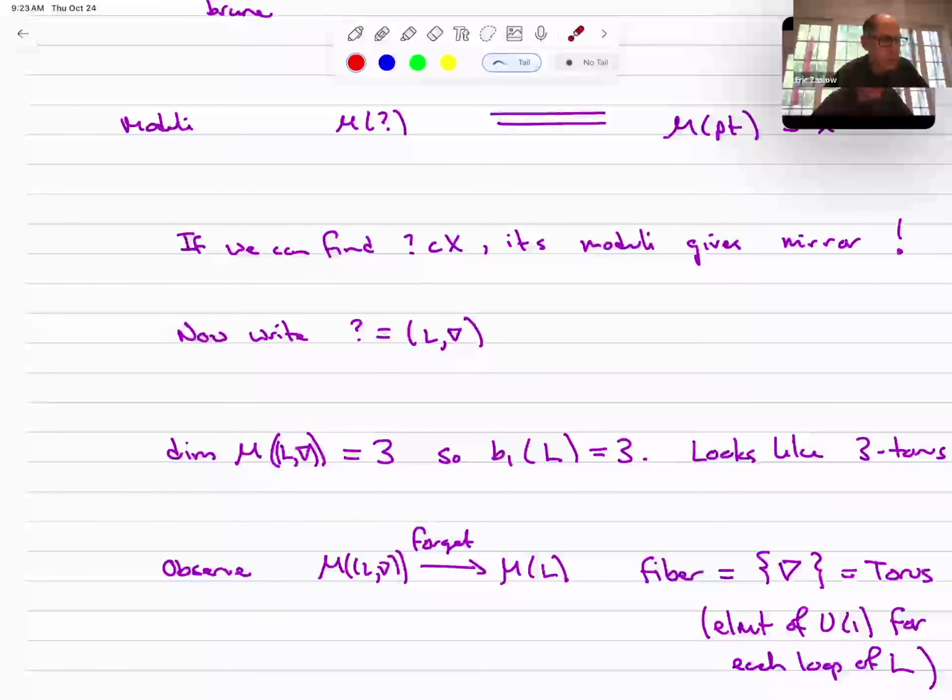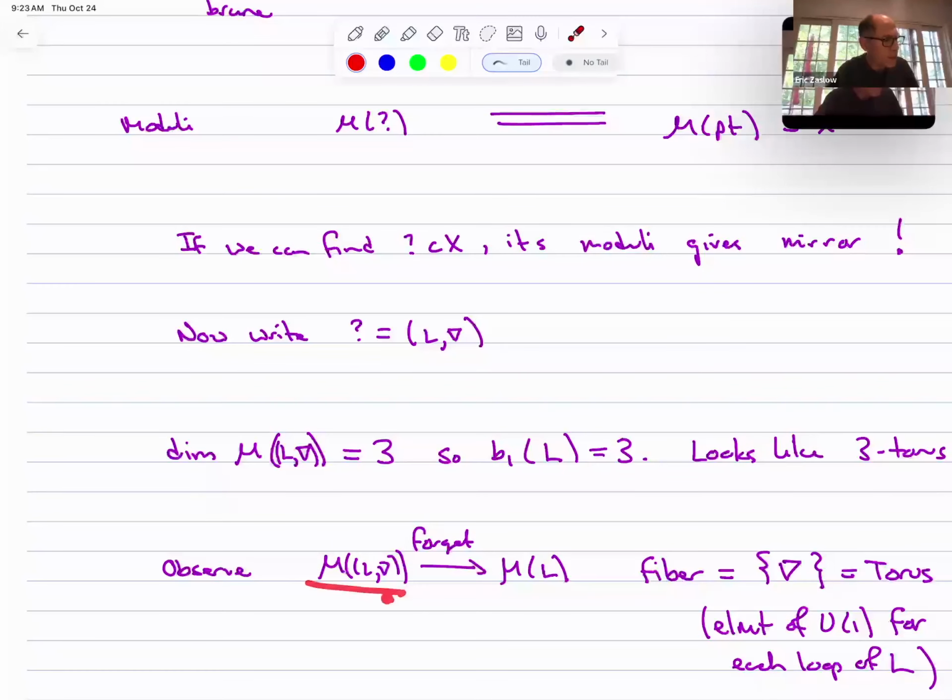Why is that a torus, the possible flat connections? Well, as I said, one way to describe a flat connection is to say, as you go around a loop, you have some phase shift that the flat connection describes, some monodromy. That was given by an element of U1. But you have one of those circle elements for each loop that you have. So if you have 3 loops, because the first Betti number is 3, then you get a 3 torus.